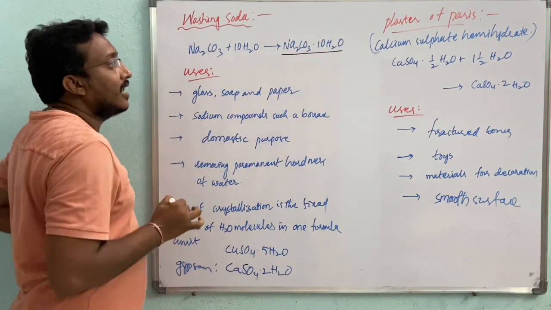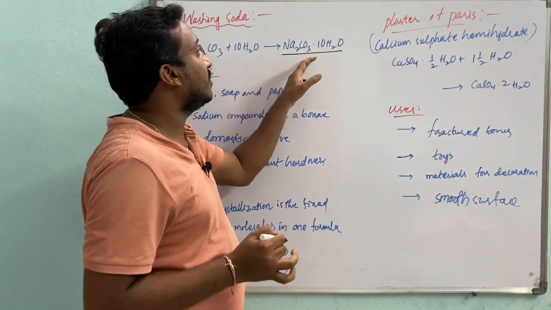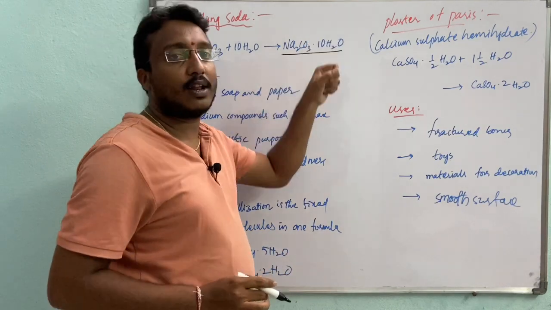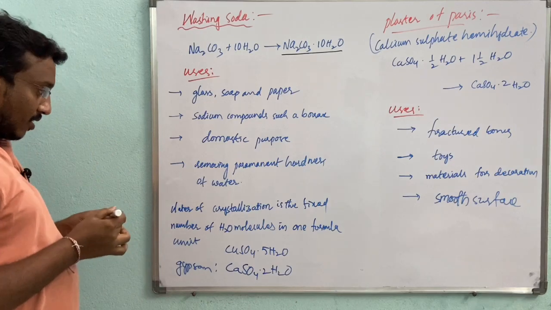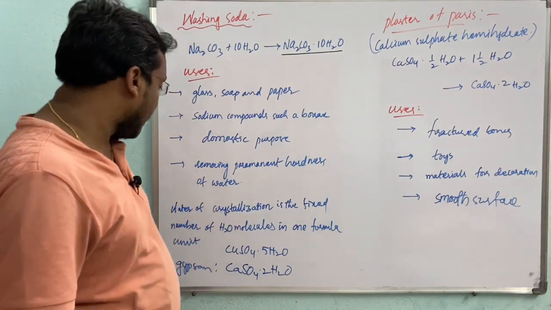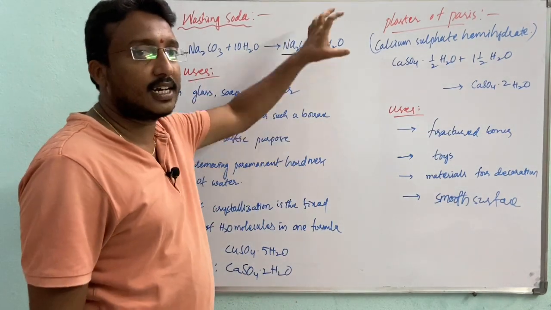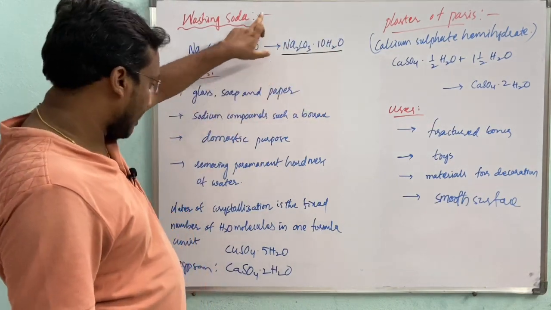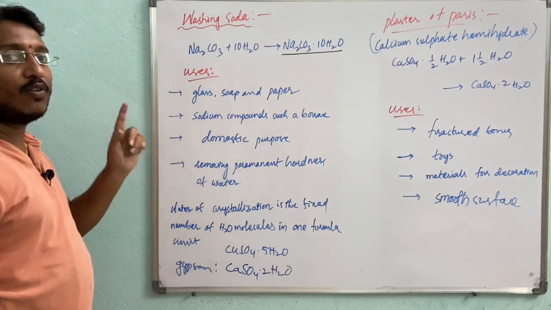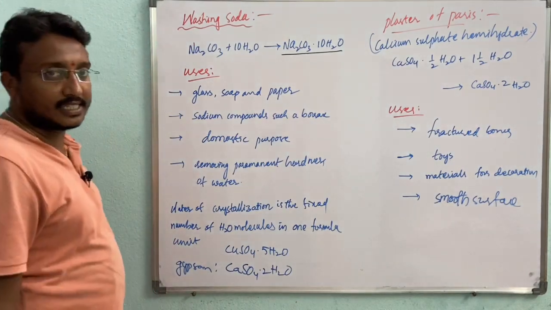It contains Na2CO3 and 10 water molecules. In crystallization, water of crystallization is the fixed number of water molecules contained in one formula unit.